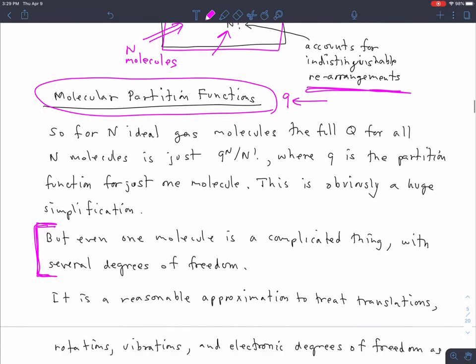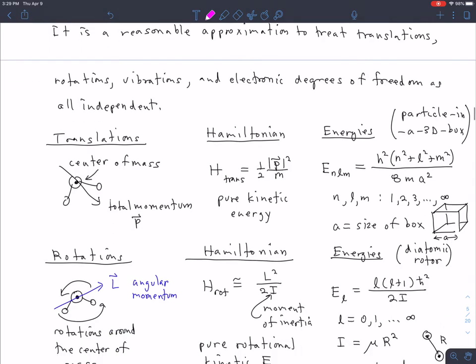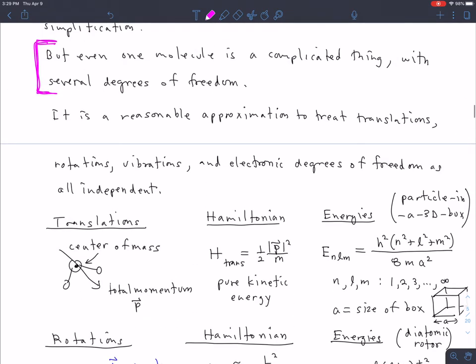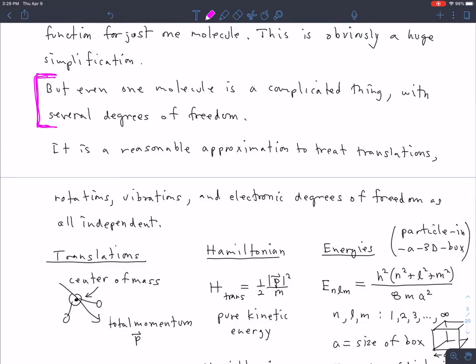The very first thing we're going to say is that even though the molecule is complicated, an awful lot of what goes on can also be considered to be a bunch of independent subsystems. So a molecule has a bunch of independent subsystems inside it.